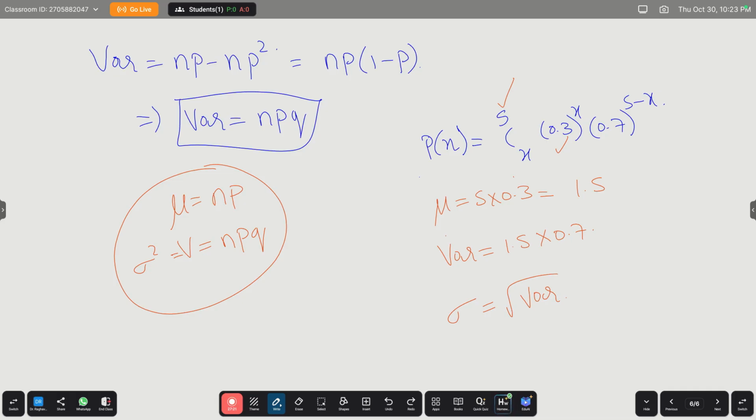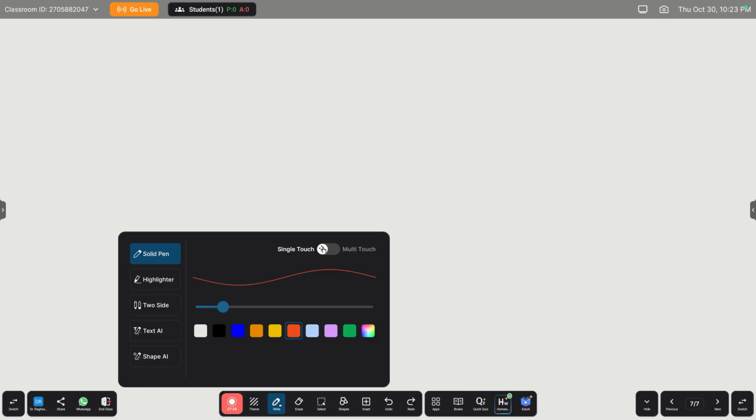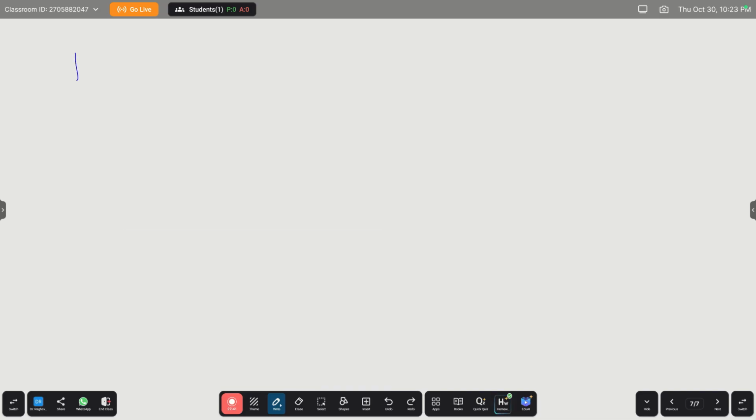So now we will move on, and we will try to prove that for Poisson distribution, mean will be mu and variance will also be the same. So let me take the case of Poisson distribution now.